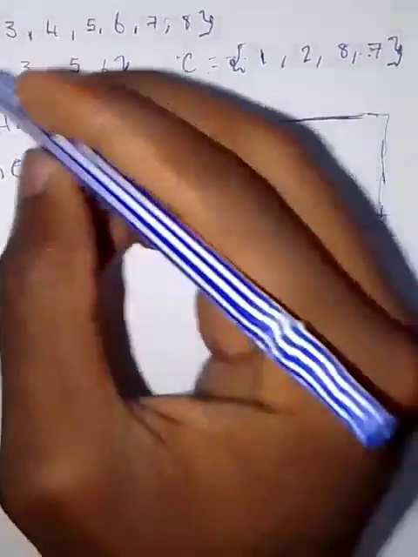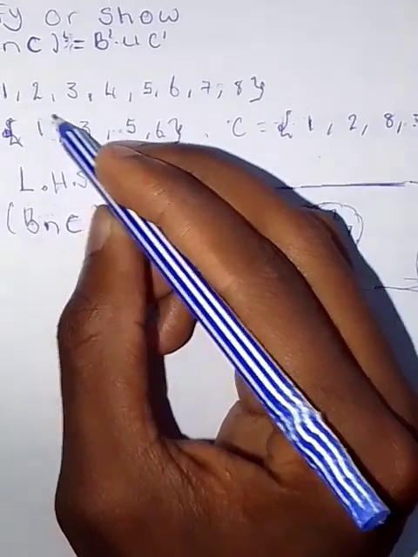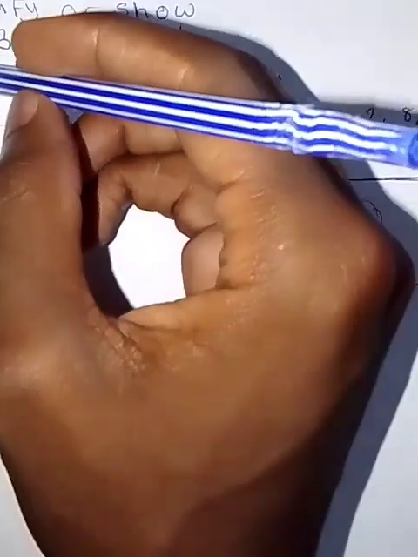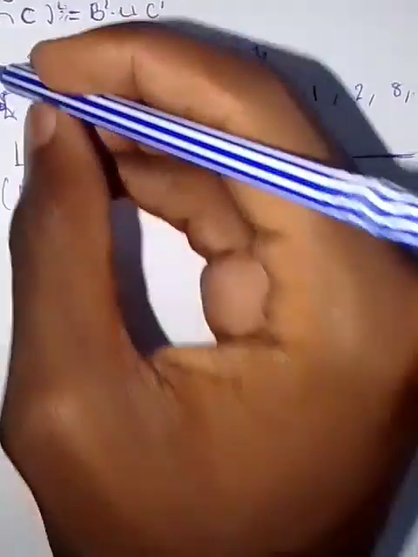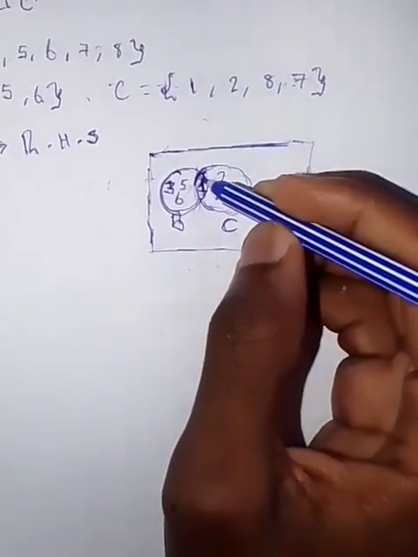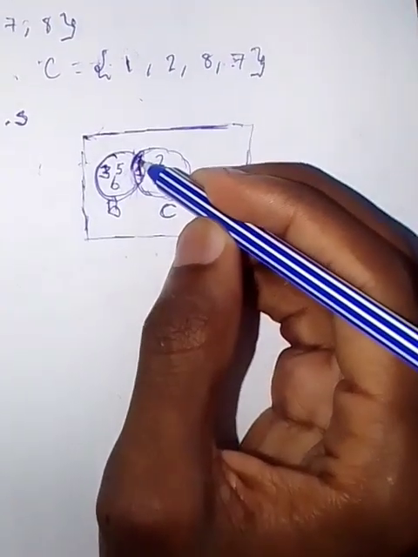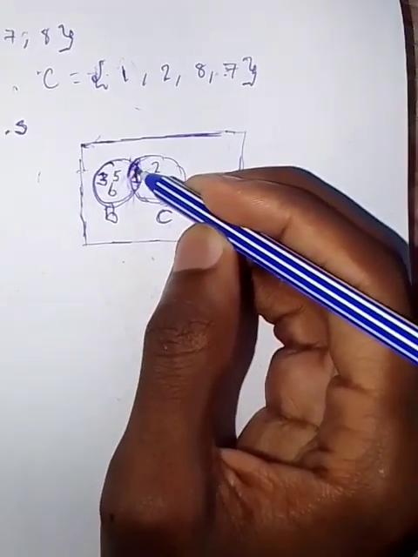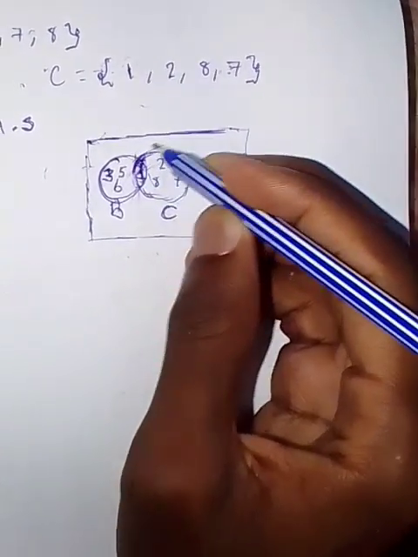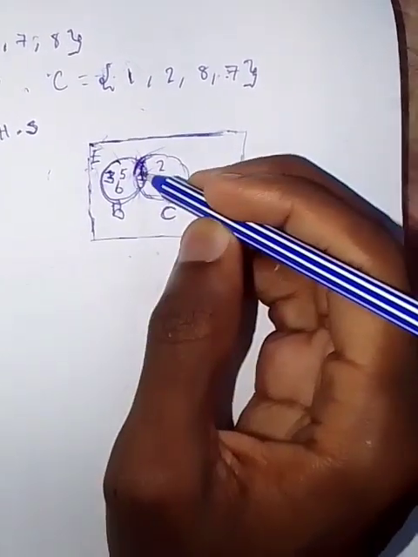Similarly, they want all the items apart from 1, meaning we are simply going to choose the universal set. We are going to list all the members except 1, because 1 is what is in between B and C, and they don't want any of the elements that are in the intersection of B and C. So whatever is outside, including the universal set, should be included except for 1.